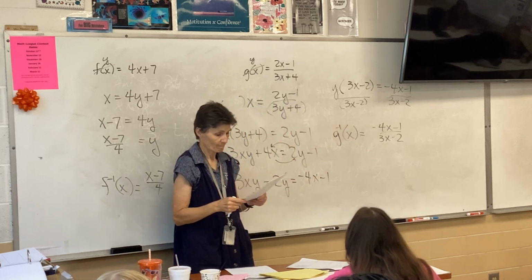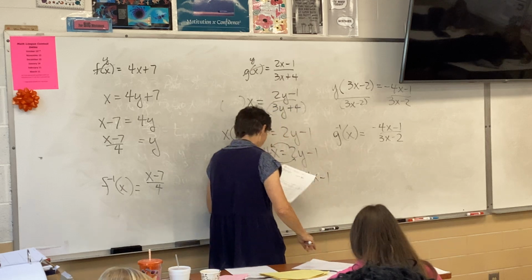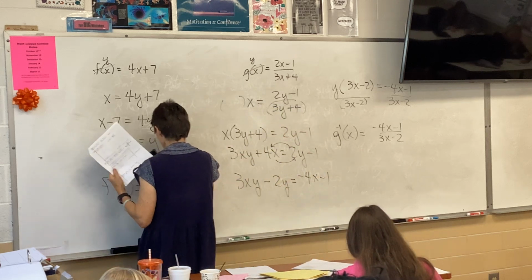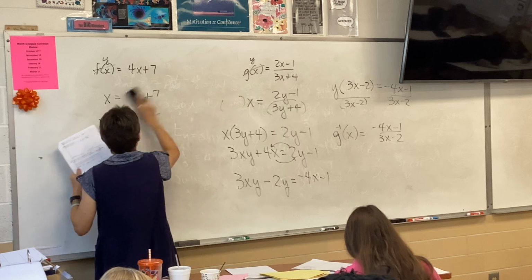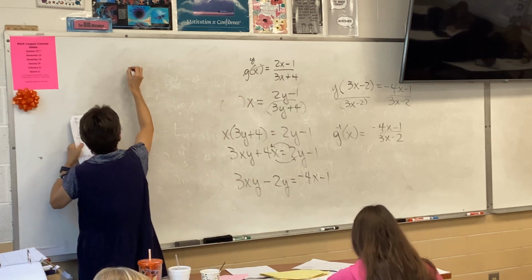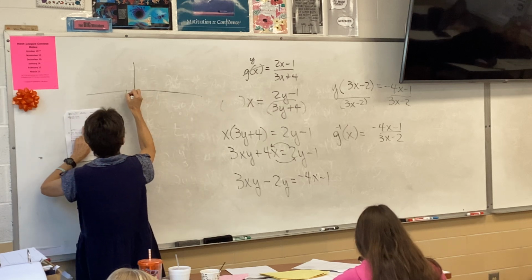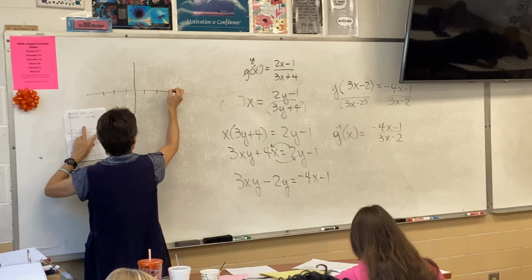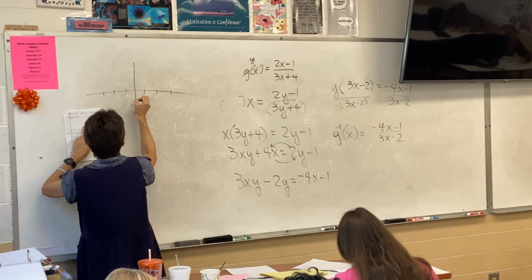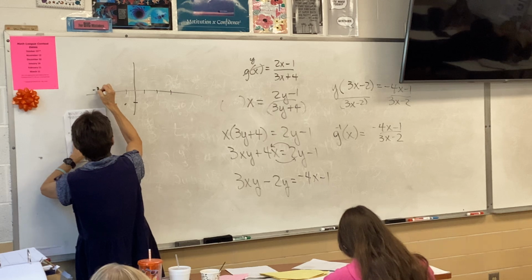Right? Okay, number 2. We got this picture, and we're going to sketch the inverse of it eventually. So right now, I'm going to go ahead and label these points.